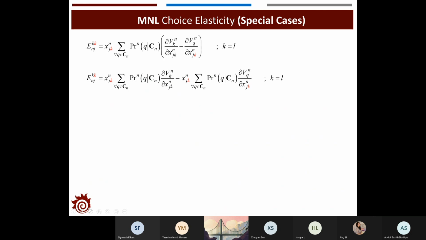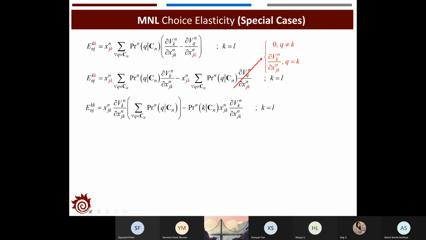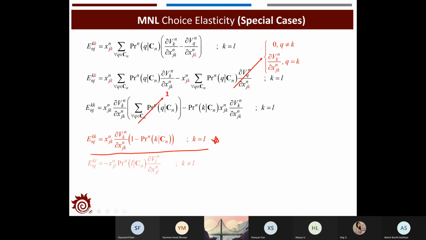With that you can do some expansion, and the result will be further simplified as this equation. So the one that we got from the previous slides is the cross elasticity, and here is the direct elasticity. And we can also put them together to write in the general format.